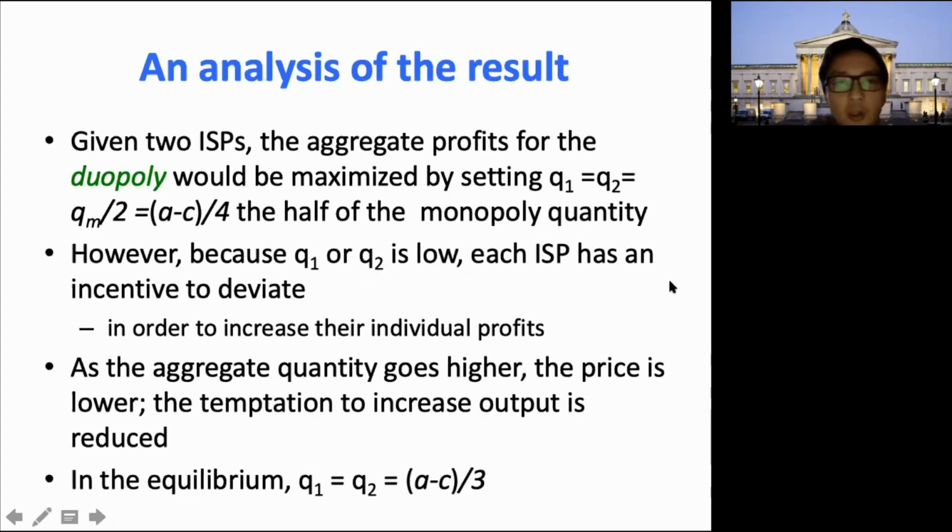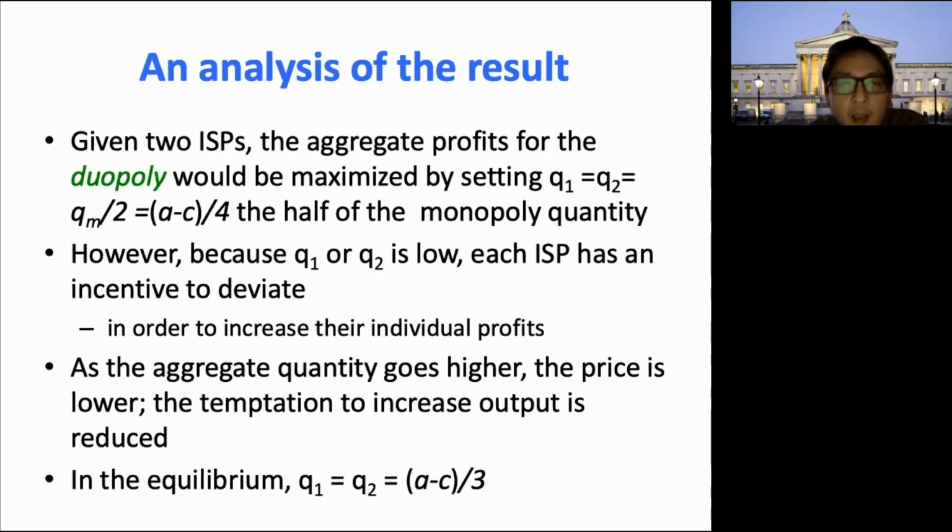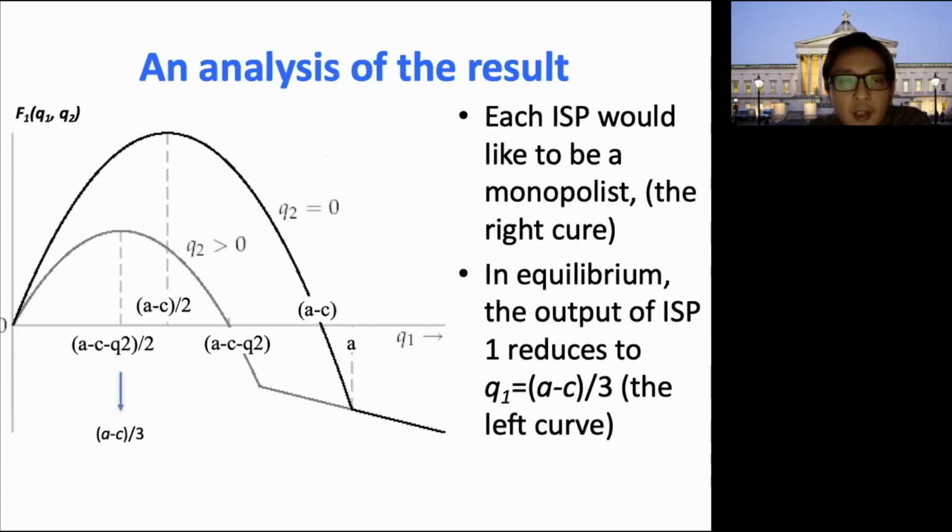Suppose you think about it as globally optimizing. In other words, suppose you think as God, right? I want to maximize the overall product of Q1 and Q2.